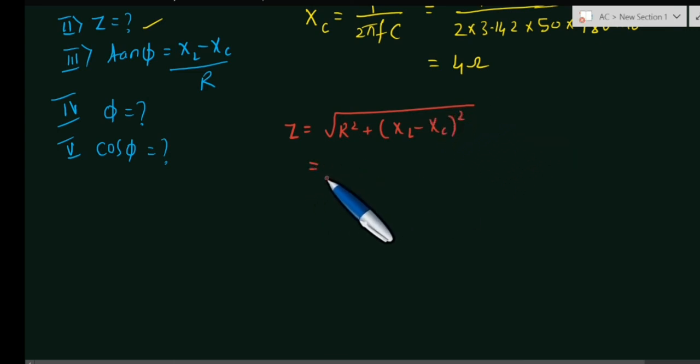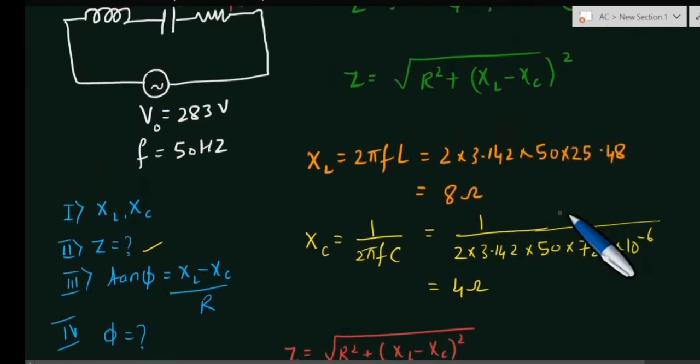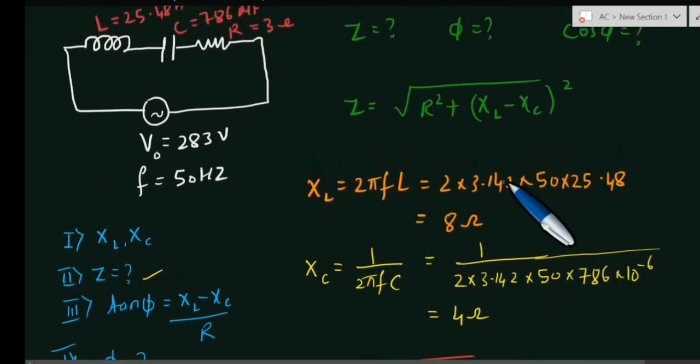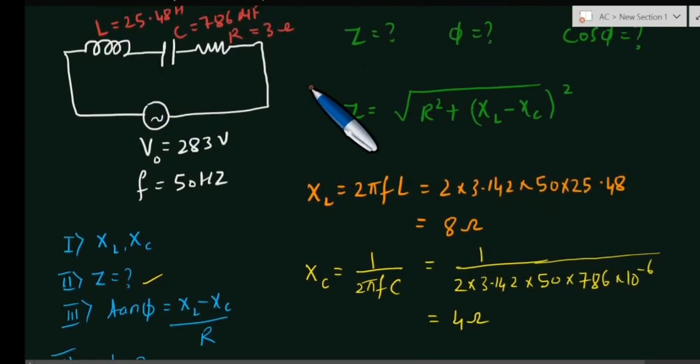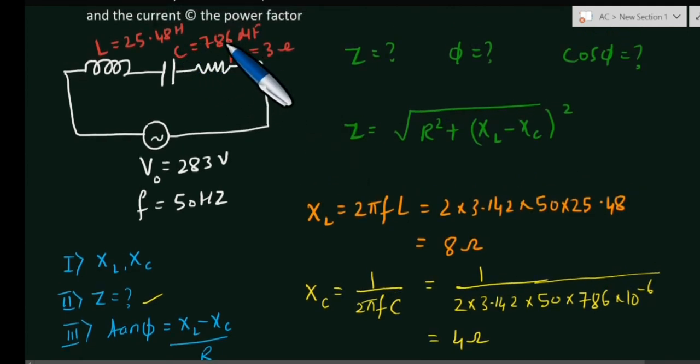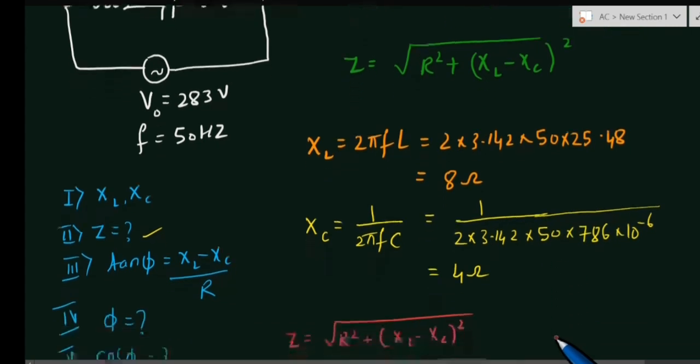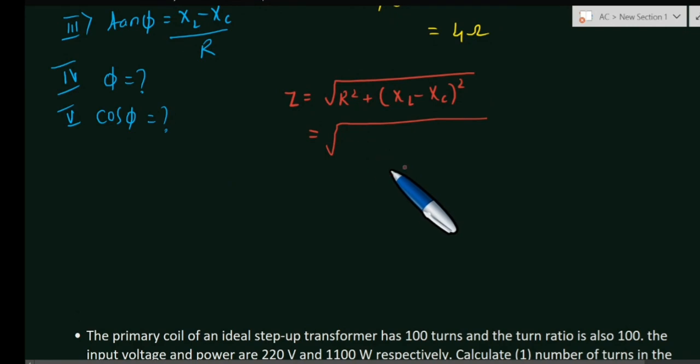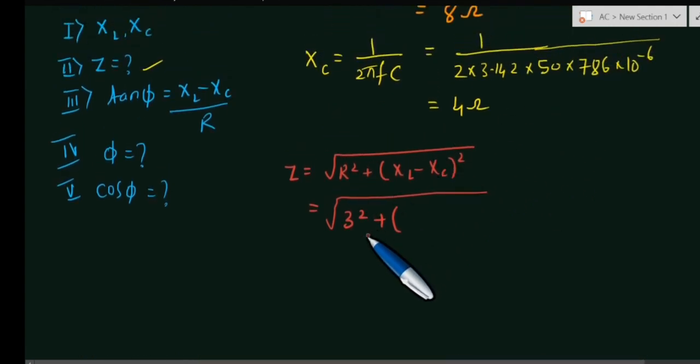The R value they have given is 3 ohm, and the C value and L value are also given, so we will use those values. R is equal to 3, and XL and XC we just found, so we can substitute those values. XL is equal to 8 and XC is equal to 4.